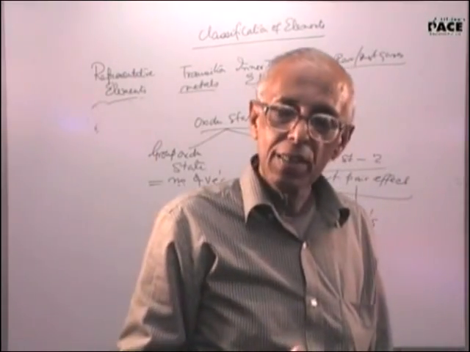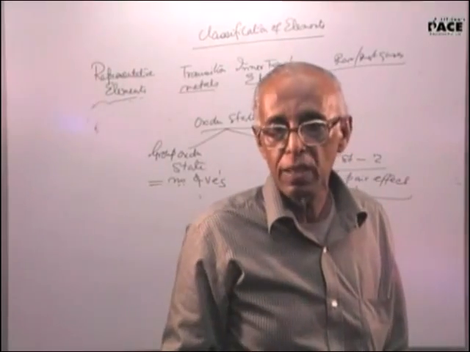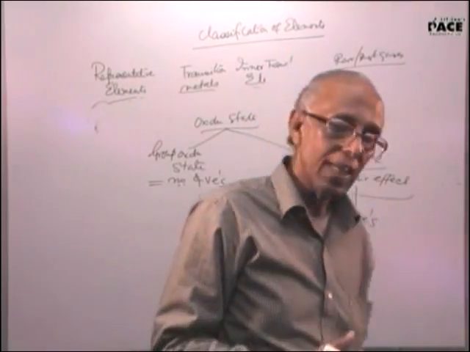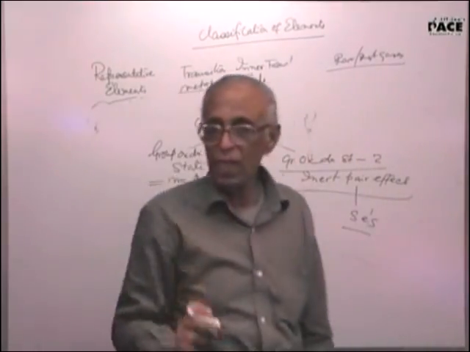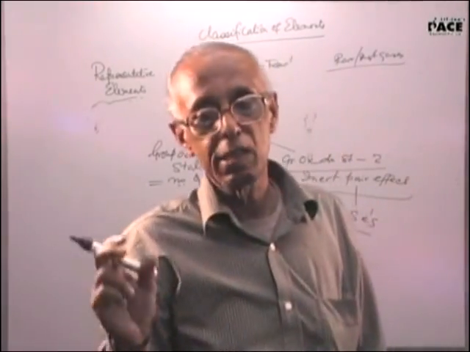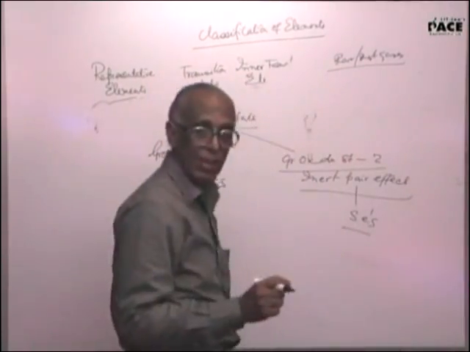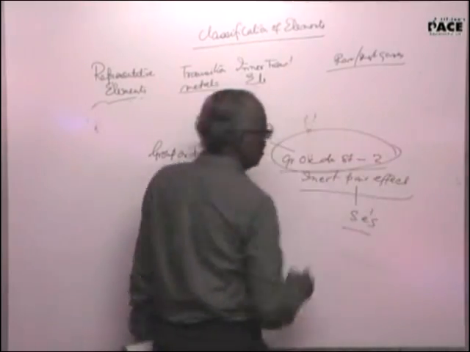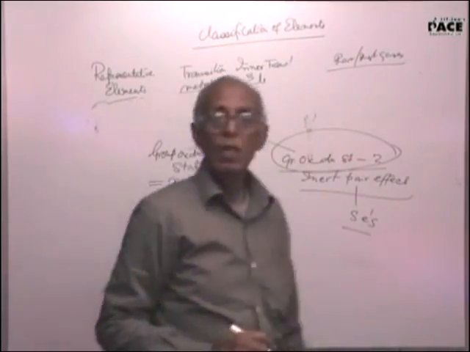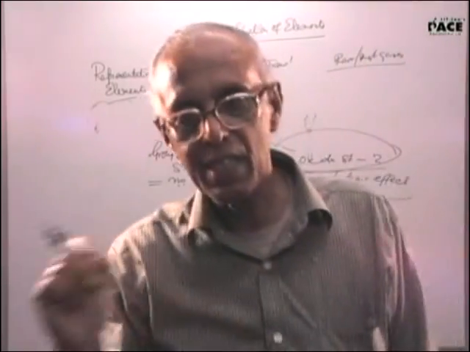As a result, s electron ionization becomes more difficult, and so these electrons become inert, and since there is a pair of s electrons, it is called the inert pair effect. Where the inert pair effect is present, you will see the lower oxidation state, which is 2 units less than the group oxidation state.